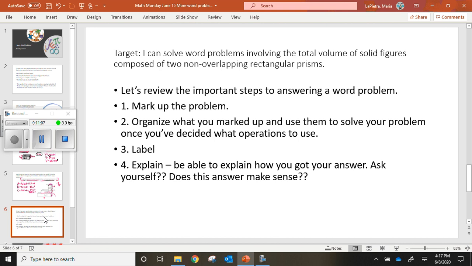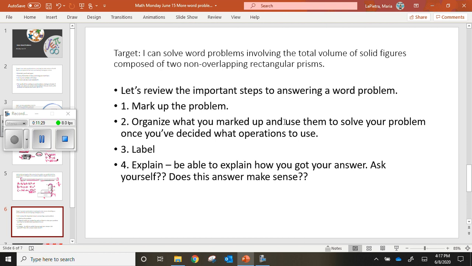So our target: I can solve word problems involving the total volume of solid figures composed of two non-overlapping rectangular prisms. In other words, taking two solid figures, finding the volumes of each of them, of the rectangular prisms, and then adding them together.